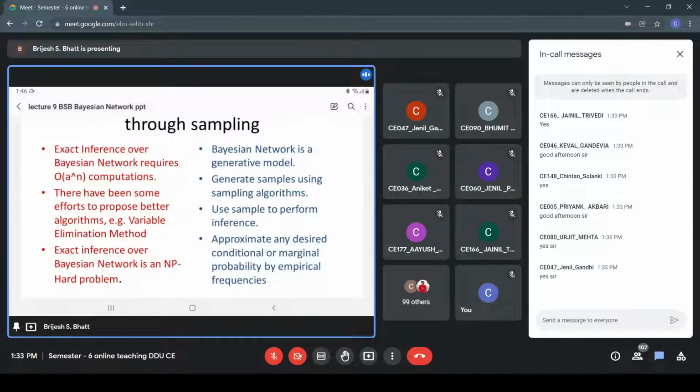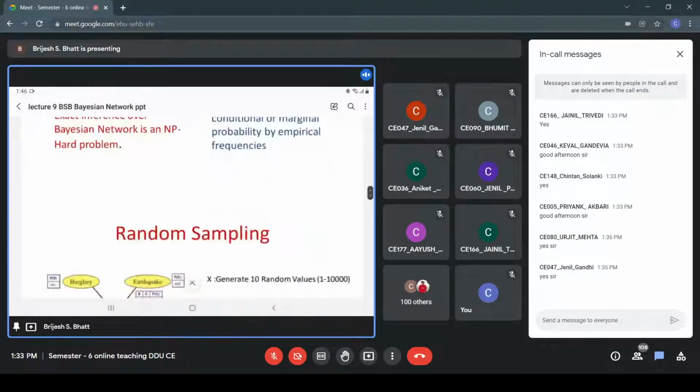On the contrary, we know that a Bayesian network is a generative model, so we can generate samples using sampling techniques and use those samples to perform inferencing. And we approximate any desired conditional or marginal probability by empirical frequencies. So that way we can save some time. That was the idea of approximate sampling.